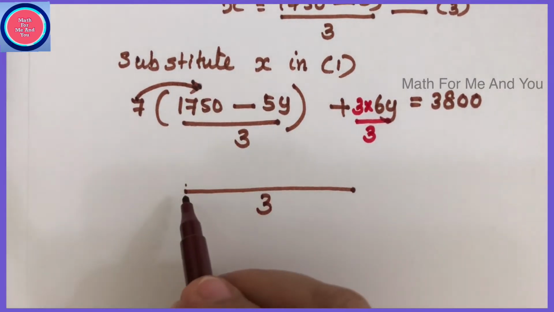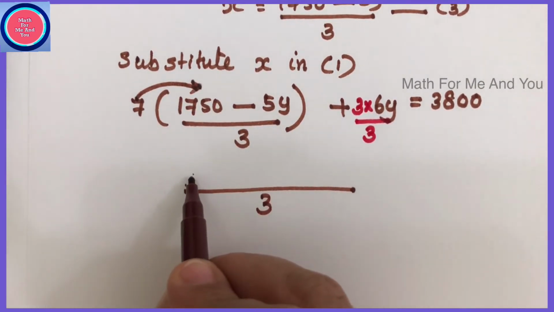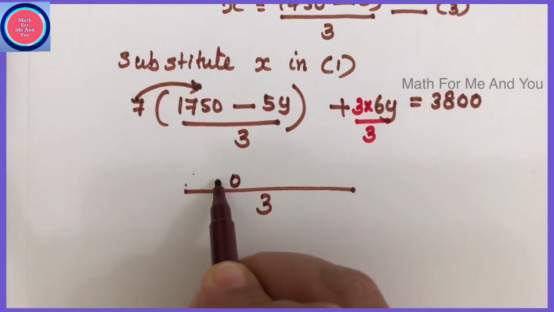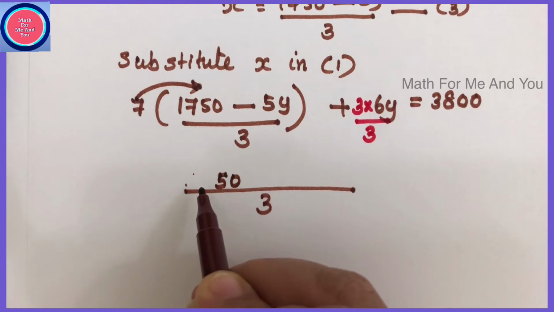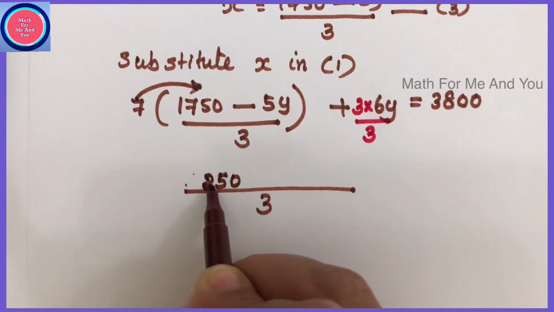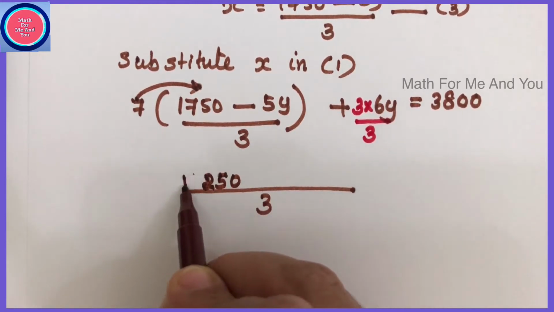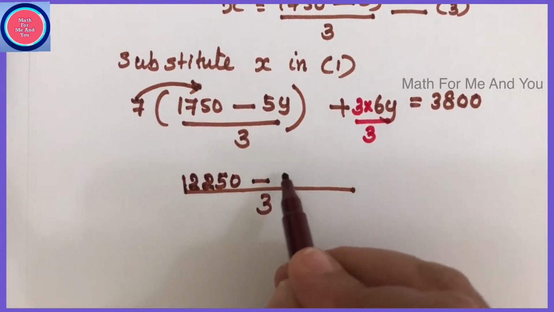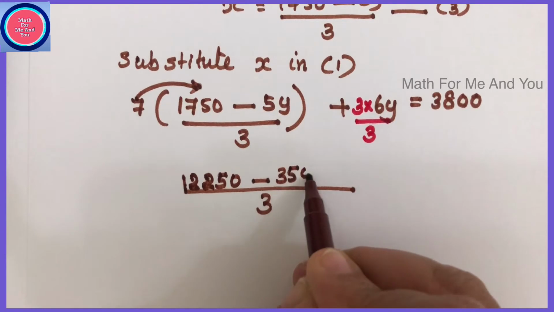Now the first term, open bracket, 7 times 1,750. How much is it? After multiplication we get the answer 12,250, minus 7 times 5y, which is 35y.